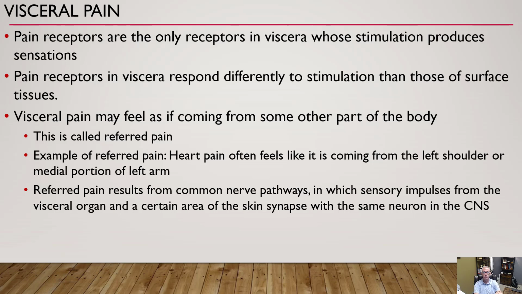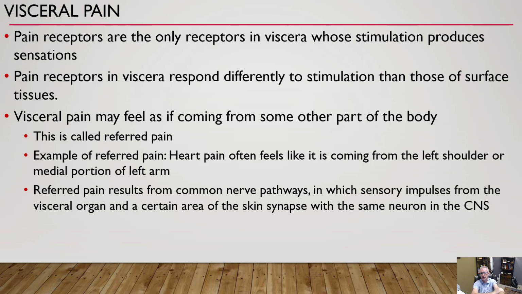We call this referred pain only because we don't have those same types of dermatomes inside the body. If you've ever heard of someone having a heart attack, that they feel like an elephant sitting on the chest, or that they have radiating pain down their left arm.